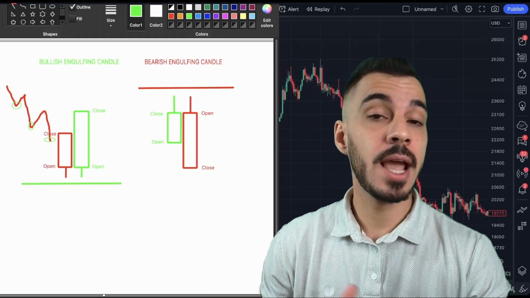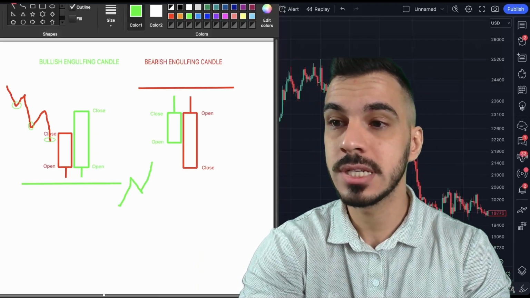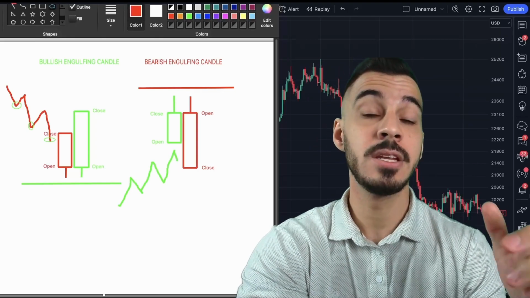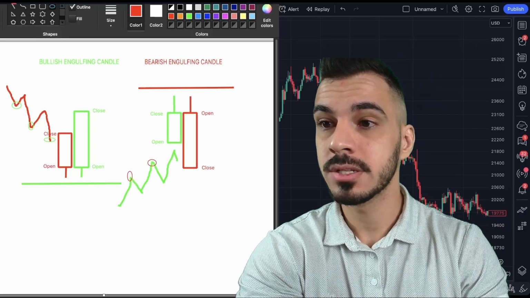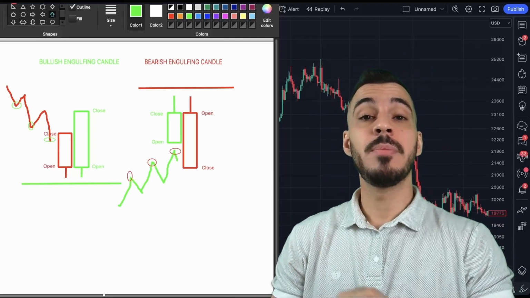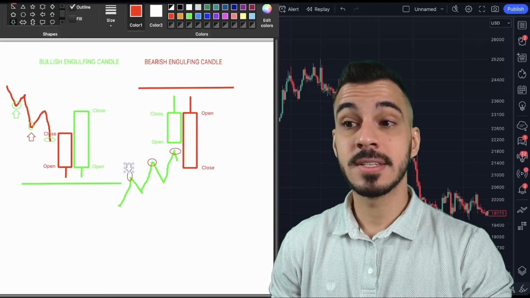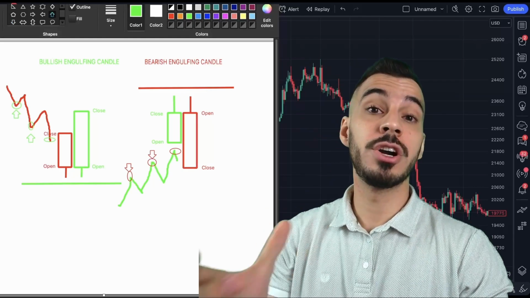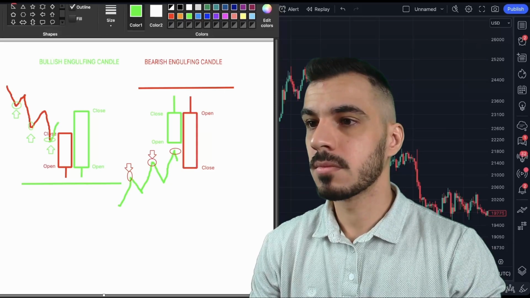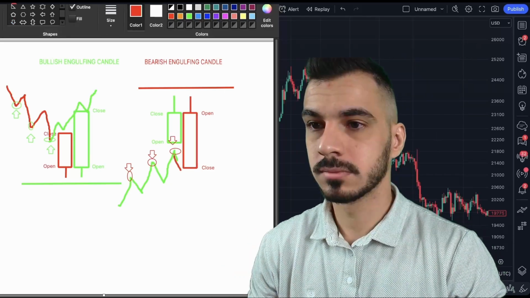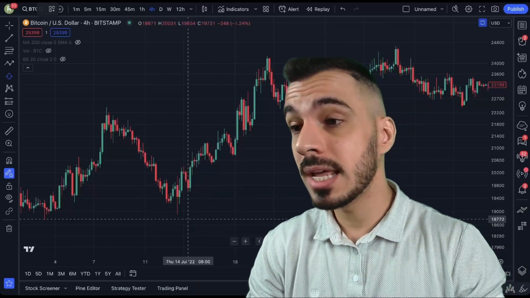While the bearish engulfing candle we are going to find on the tops of a trend, so we are looking for a trend to the upside, and it is going to help us find the tops like this one, helping us identify the beginning of corrective movements like this, and this, or even the beginning of the whole trend inversion, like here for example, or here. It is very simple to identify these candlesticks on the charts, so let's go for it.